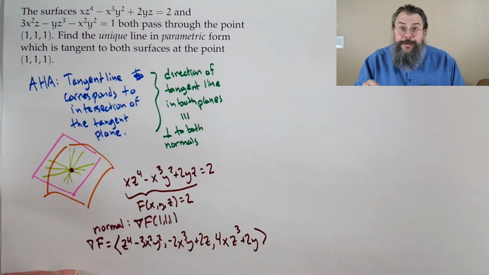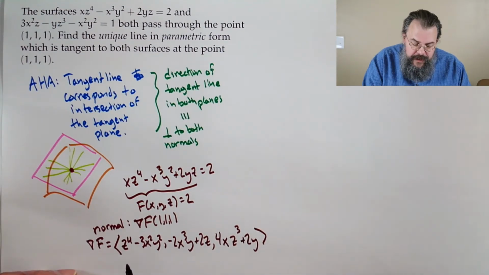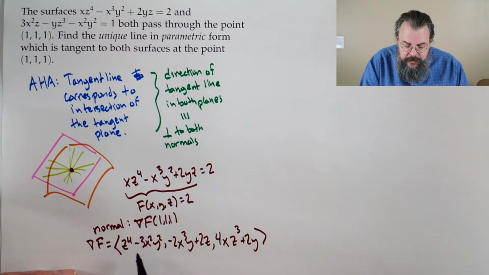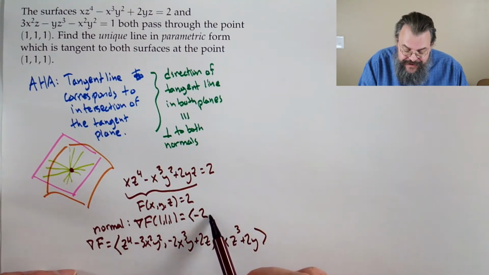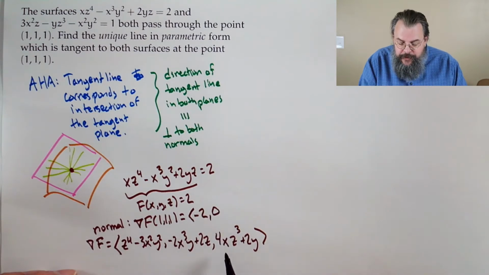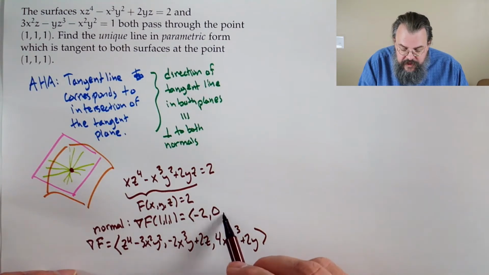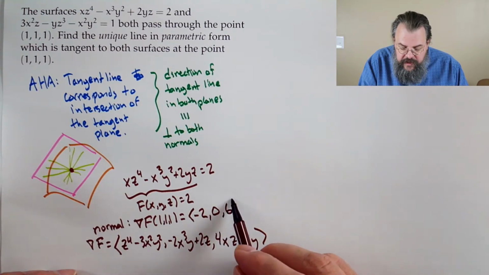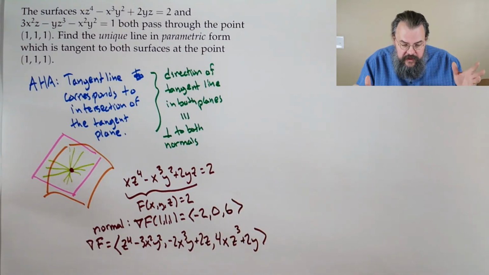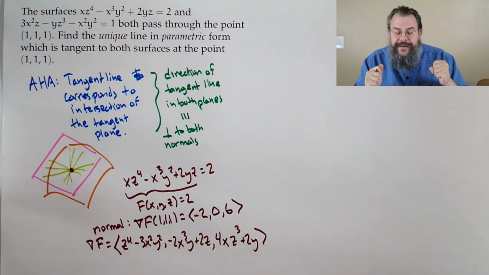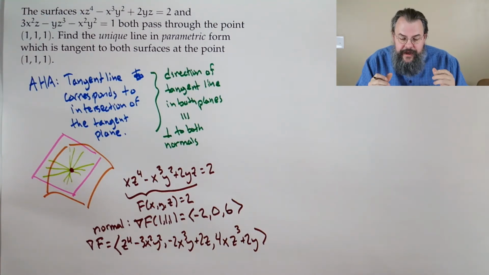Now, plug in 1, 1, 1, and what do we see? We get 1 minus 3, that makes negative 2; minus 2 plus 2, oh, that's nice, 0; 4 plus 2, 6. All right, minus 2, 0, and 6. Great, wonderful. Now, where to next?